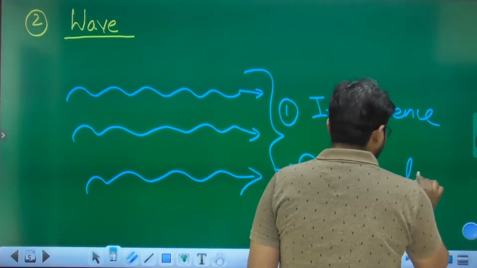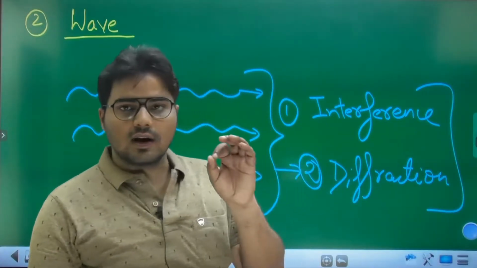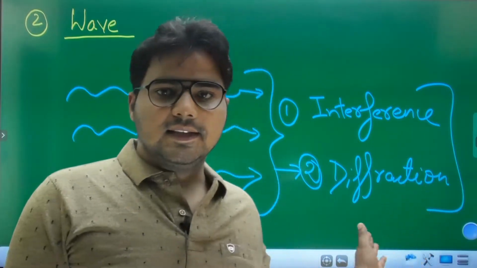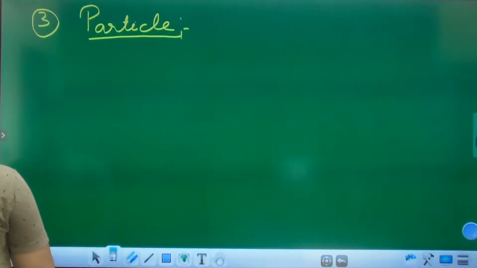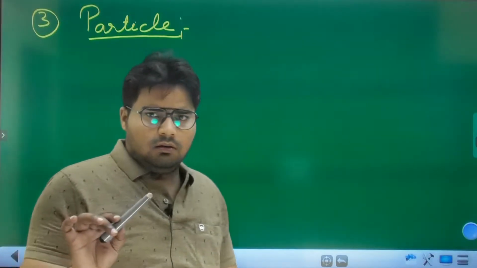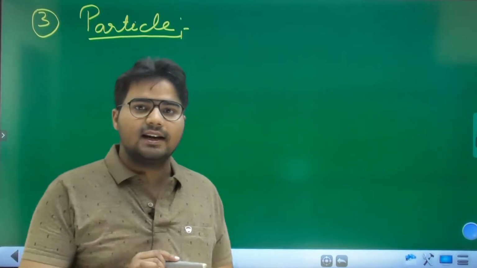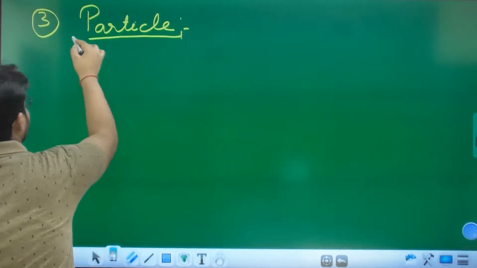In your class you have to study only reflection and refraction. These topics you will study in higher classes. We will just take a smart note about the nature of light.